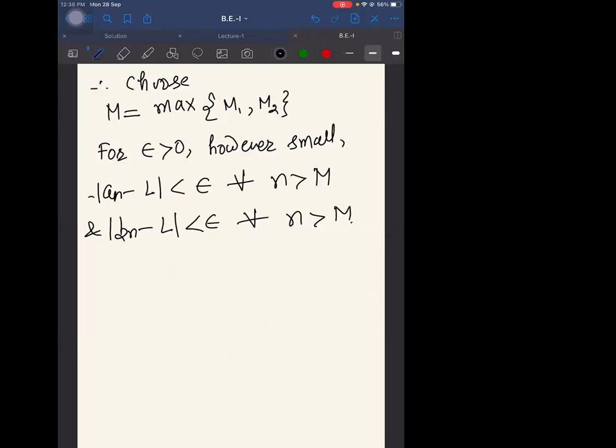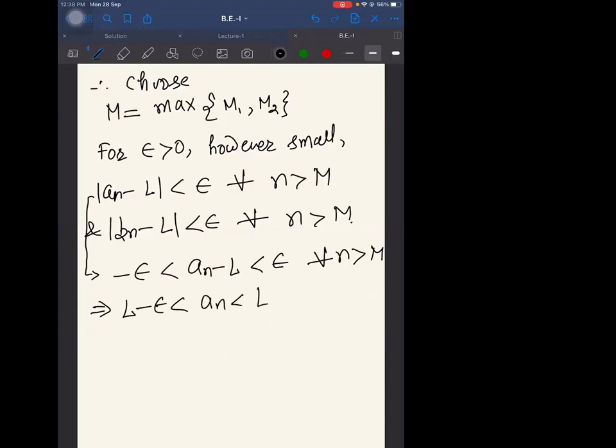From this inequality, can I write it as minus epsilon less than an minus L less than plus epsilon for all n greater than m? And similarly, I can write it as L minus epsilon less than an less than L plus epsilon for all n greater than m, right?